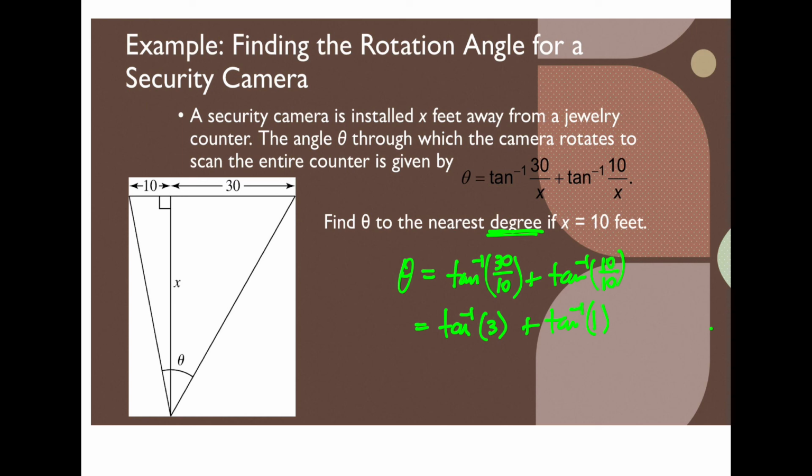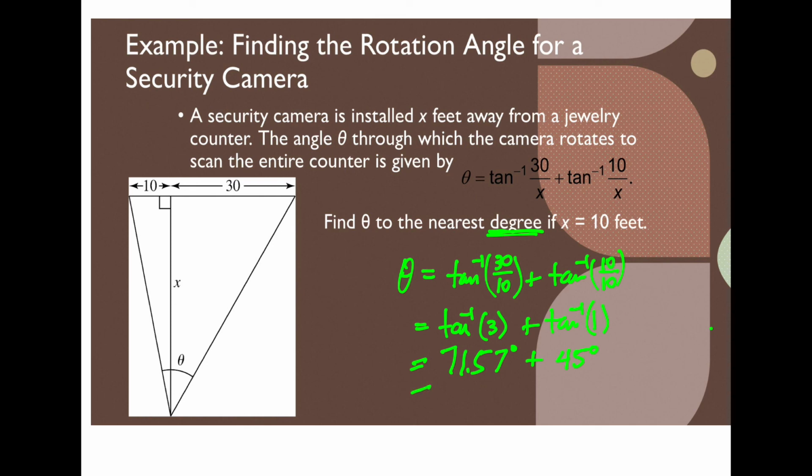So with the arctan of 3, putting my mode back into degrees, we get 71.57 degrees. And then we have the arctan of 1, which gives me 45 degrees. That's actually a known one.